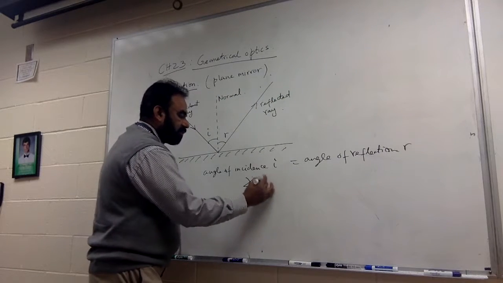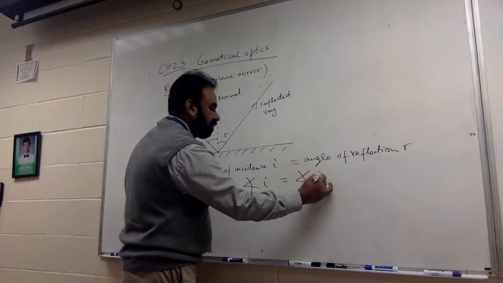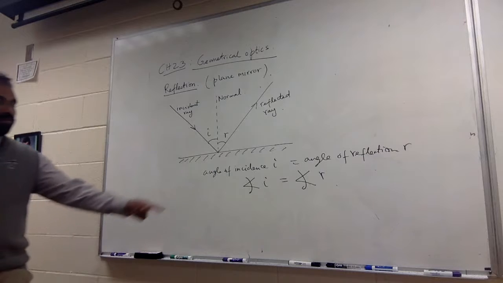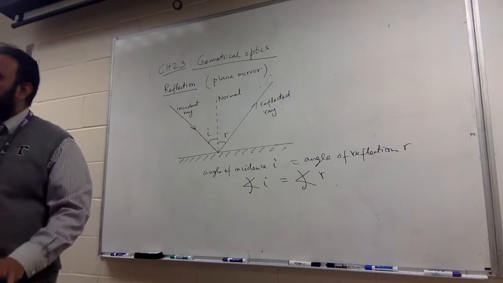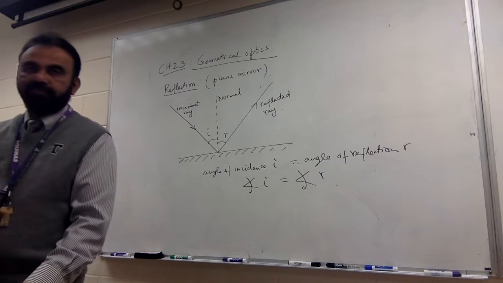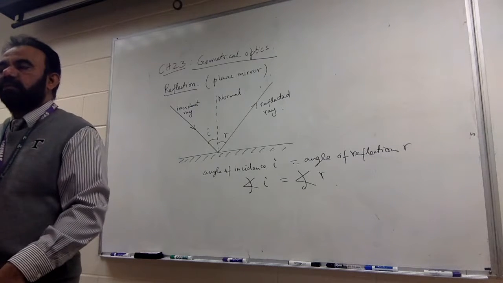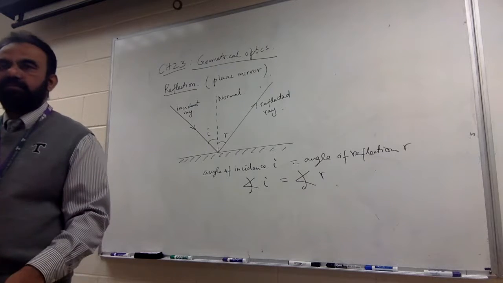So angle of incidence is equal to the angle of reflection. And this can be proved geometrically using the wave model. It's an easy proof using similar triangles.